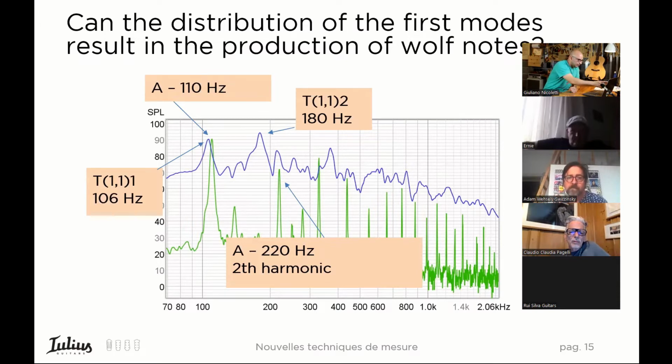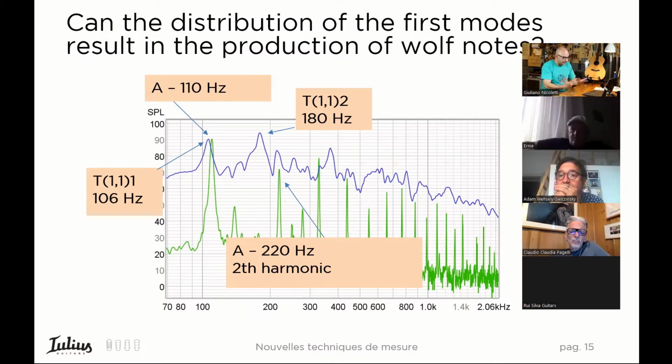That would mean having a second peak at 212 Hertz, because at 212 Hertz I have the second harmonic of the note, as you can see. If I have the two main peaks of the guitar with this interval, it can be overwhelming and not good for the quality of the note.